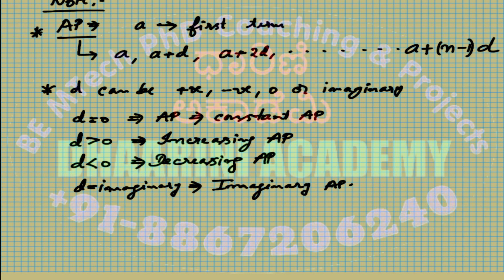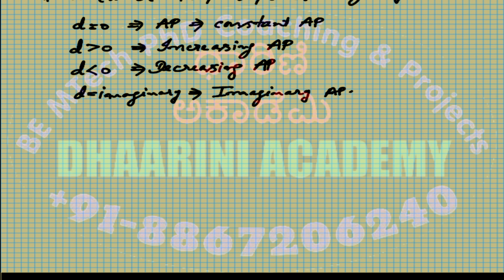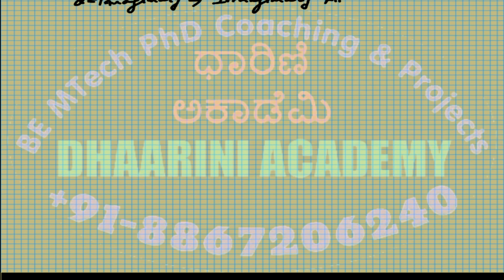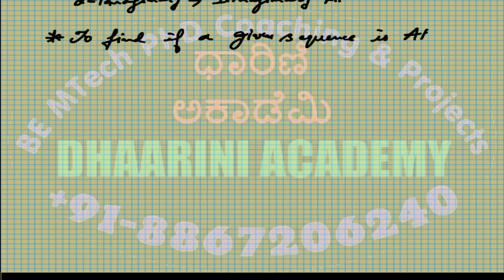Now, the next point: if a sequence or progression is given, and we want to determine whether that is an AP or not, to find if a given sequence is AP or not, we directly try to obtain the nth term of the sequence.